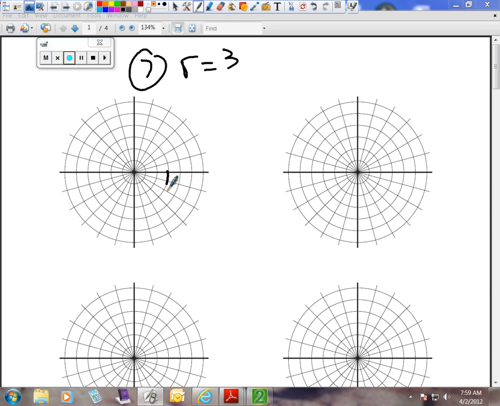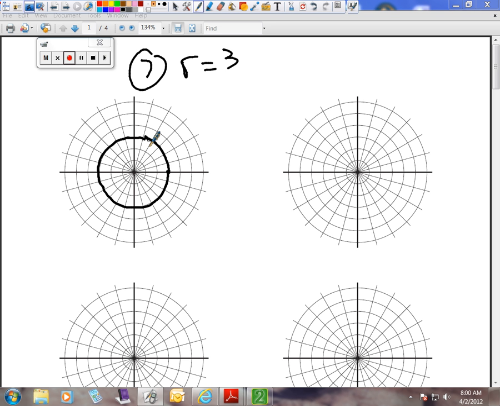So wouldn't this be where r equals 3 in every case? Does that make sense? Give yourself a bonus point if you figured that out before I did and did that.